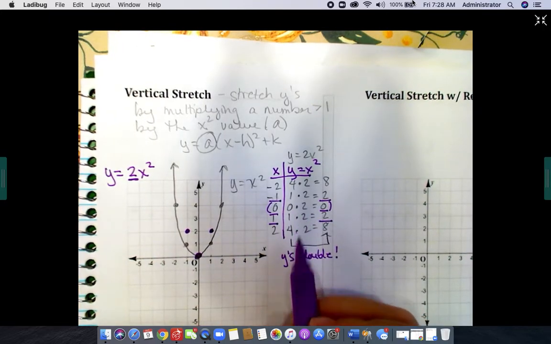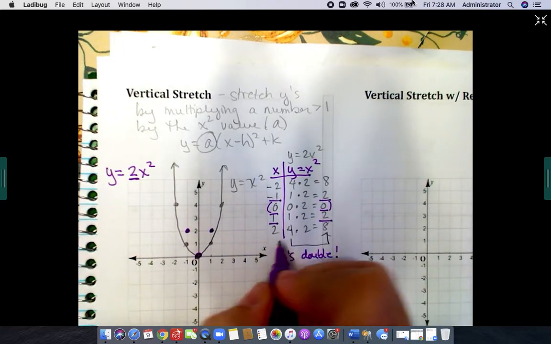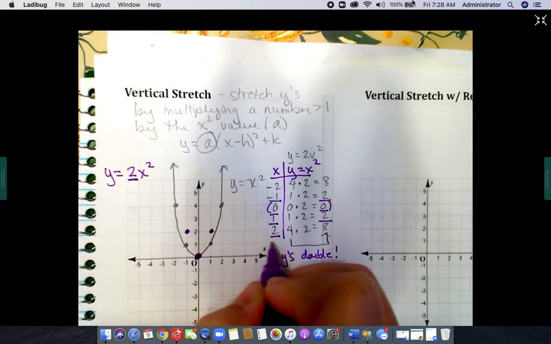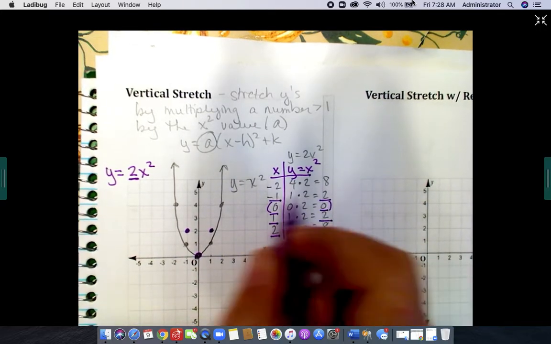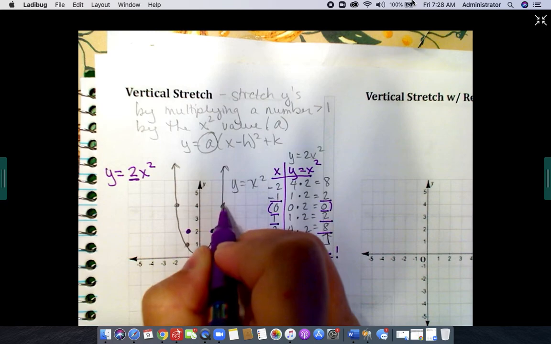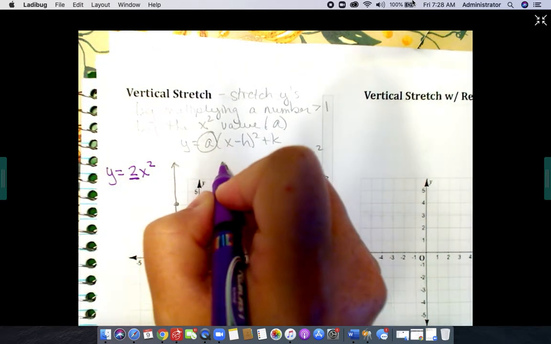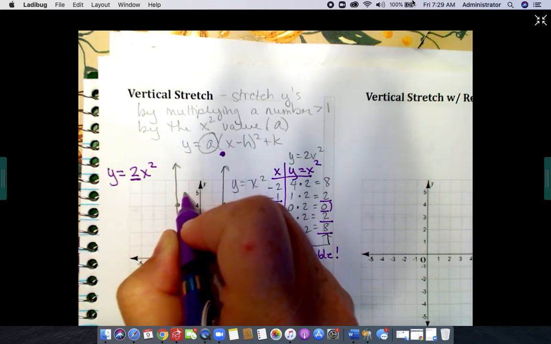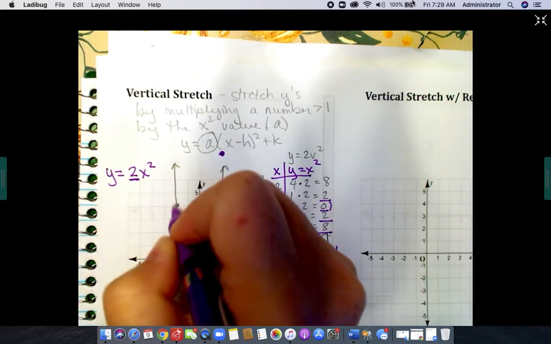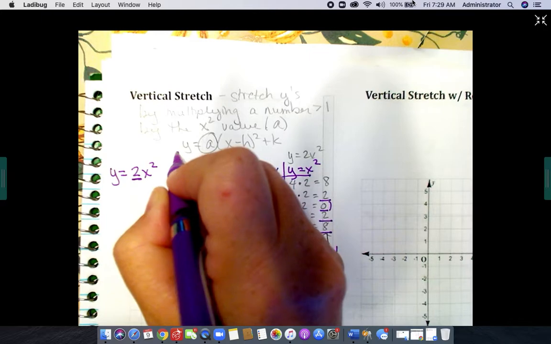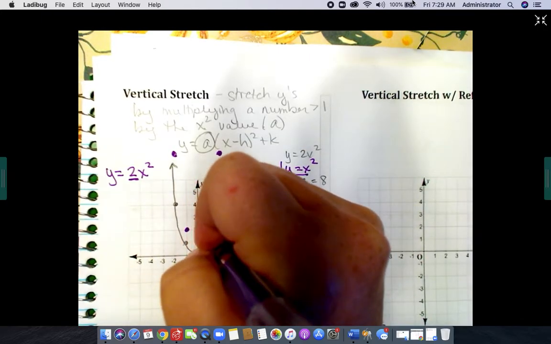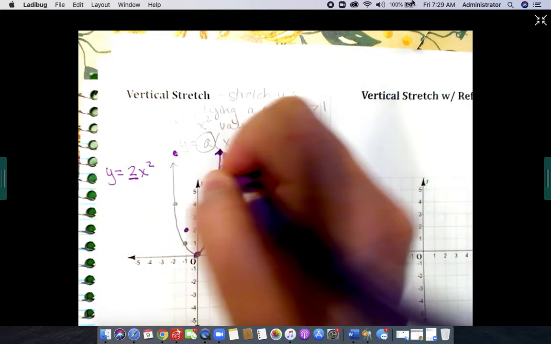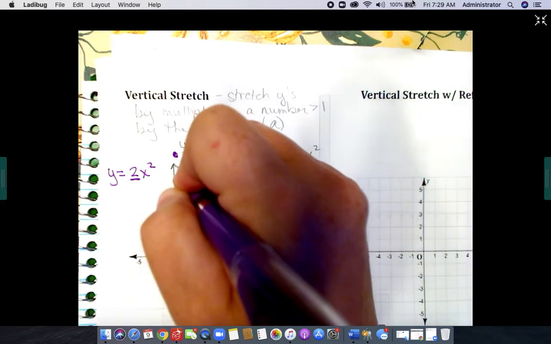So now, for my values of 4, instead of going to 4, I go to 8. So I'm doubling my height. So what happens is your graph actually is stretched upward.